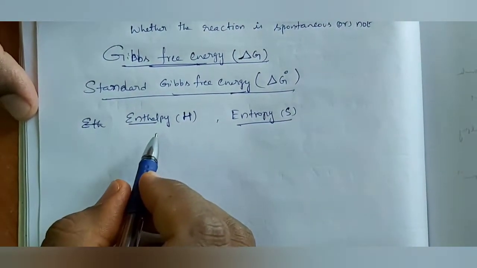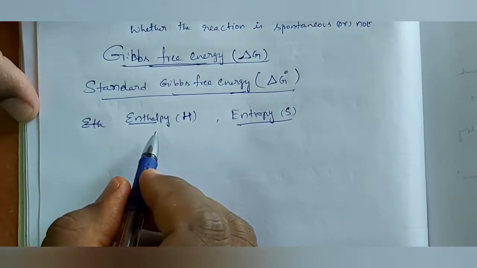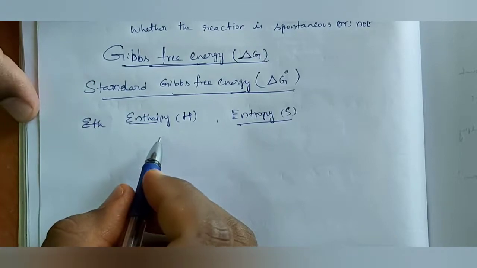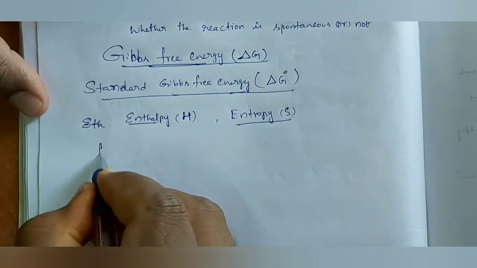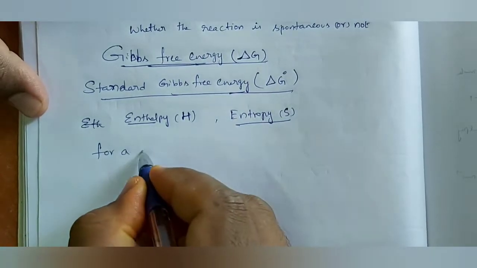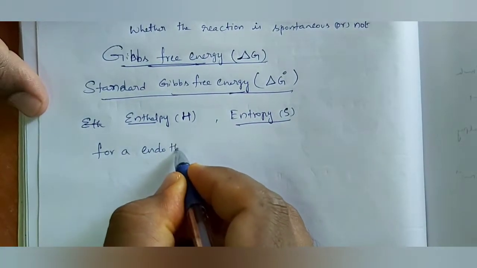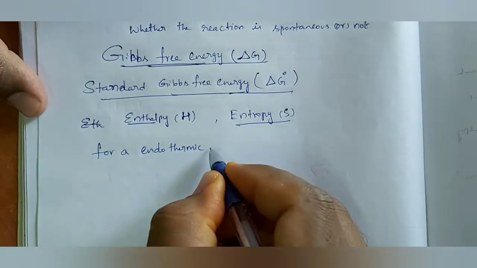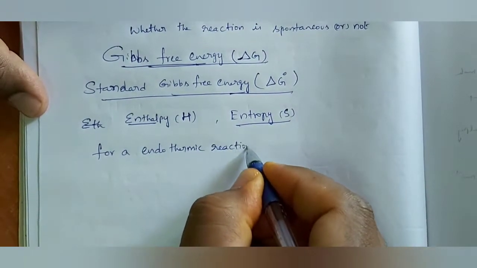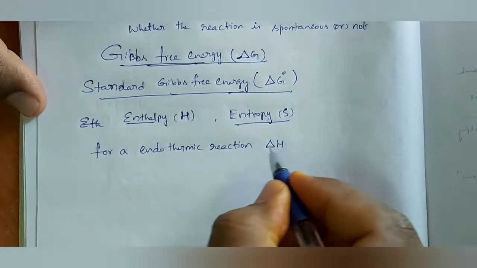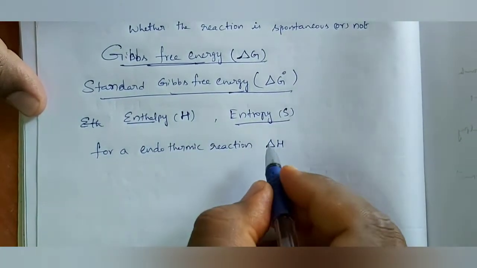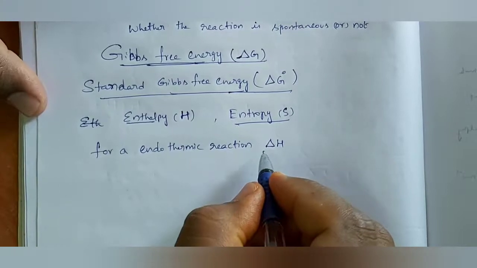Enthalpy is nothing but the heat content of the system. Actually H is called enthalpy, and delta H is called change in enthalpy.